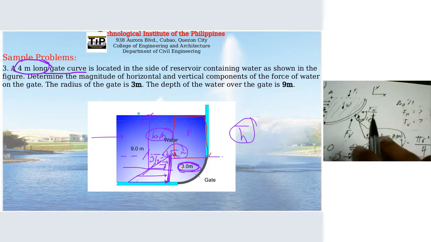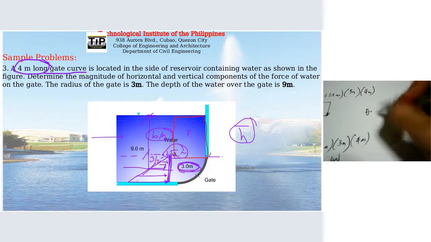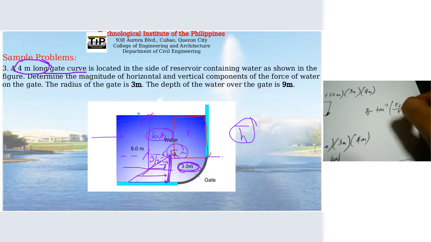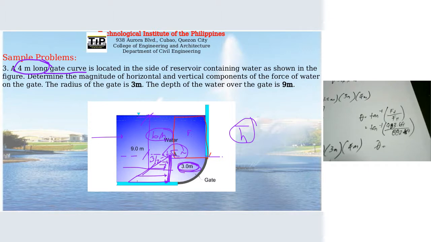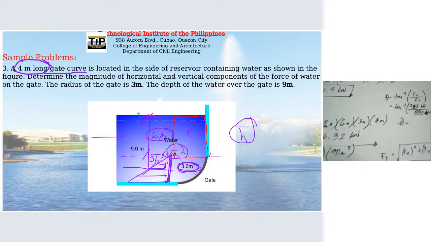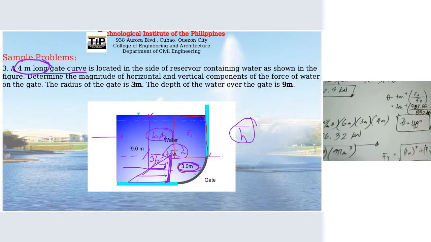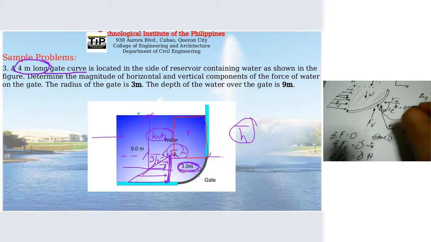So what if ang tinanong is yung angle? So can be solved by shift tangent or inverse tangent F sub B over F sub H. Is equal to 48. So this is 48.